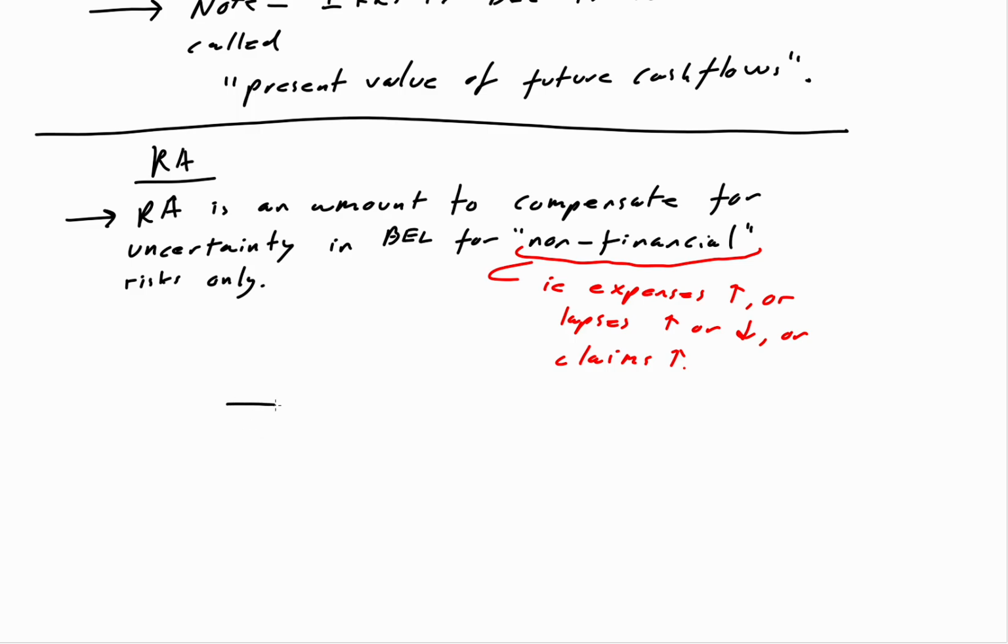We are not told how to calculate it. That's quite different to the Solvency II risk margin, where there are a number of different formulas in the regulations as to how it could be calculated.